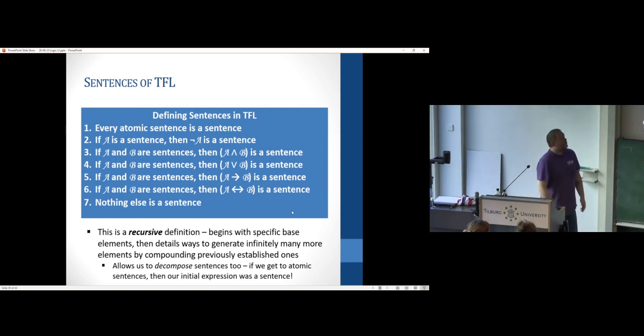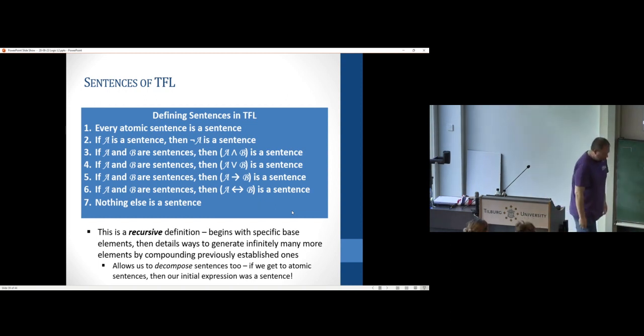Okay, so again, this recursive definition, don't panic too much about it, but note the way it tells you how these sentence structures look. If we're following the strict sentence construction rules, if you have a two-place connective, you have sentences on either side, and you have brackets on the outside.